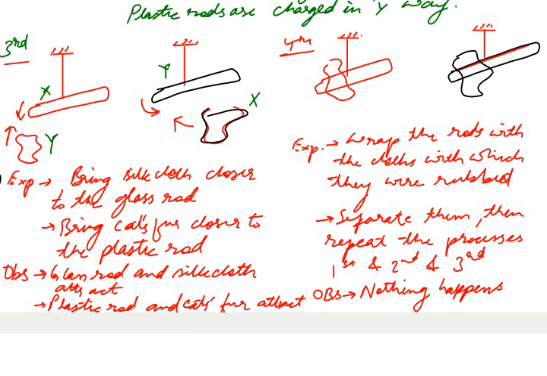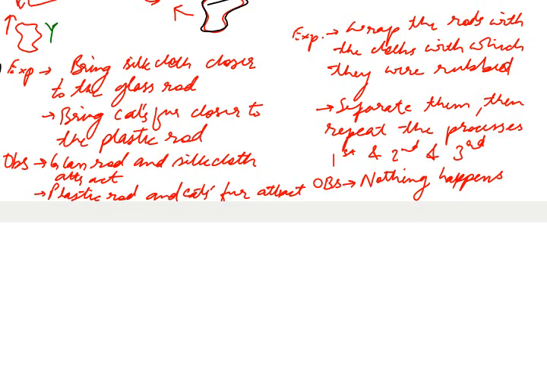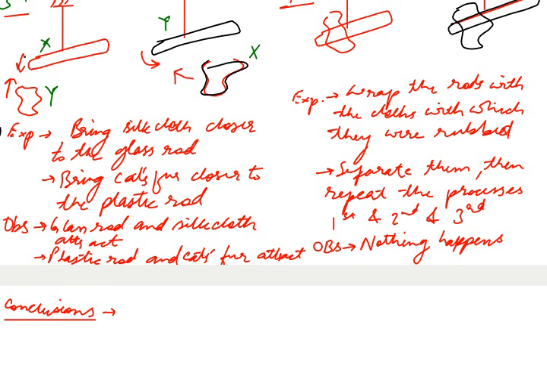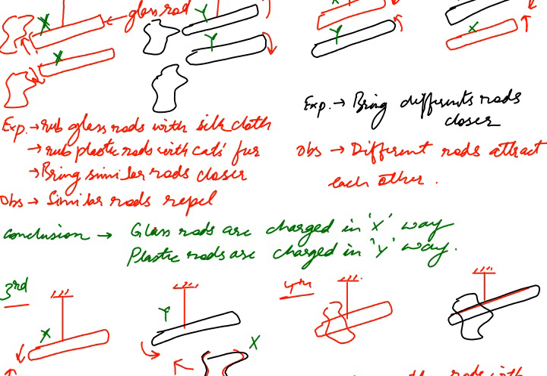I have drawn conclusions from processes 1 and 2. Now I will draw conclusions from the third and fourth. In the third process, you have seen that the silk cloth and glass rod are attracting each other, so they are differently charged. So my earlier observation was glass rod is charged in X way, plastic rods are charged in Y way.